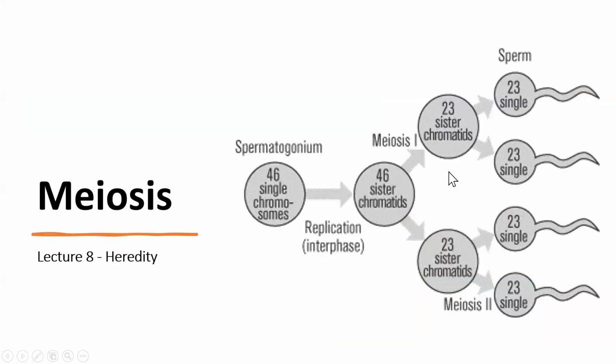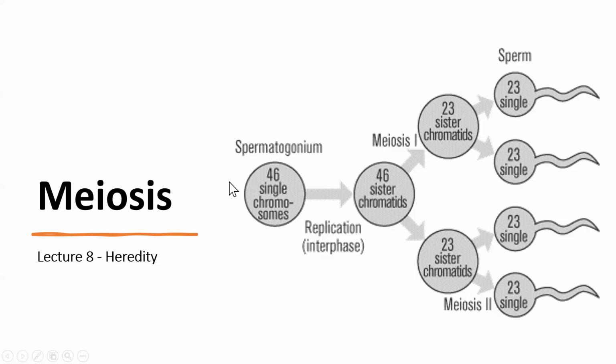The basis of heredity relies on the process of meiosis. Some organisms, as you know, reproduce asexually. That's just through mitosis. One cell divides and then you have 2, like plants, like the starfish that I showed you.